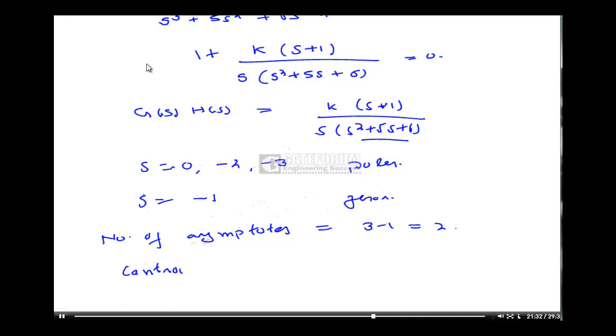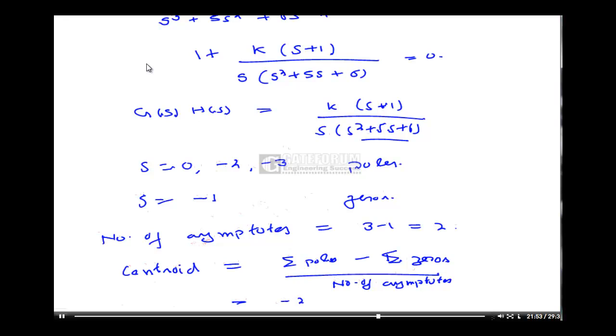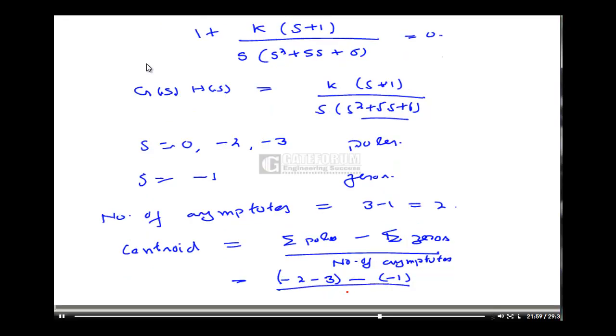So centroid can be found easily by summation of poles minus summation of zeros upon number of asymptotes, which is equal to (0 minus 2 minus 3 minus (minus 1)) upon number of asymptotes 2, that is minus 5 plus 1 upon 2, minus 4 upon 2, which is equal to minus 2. So this is the solution for the problem.